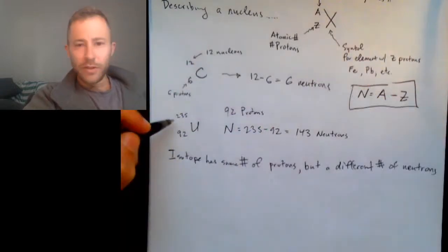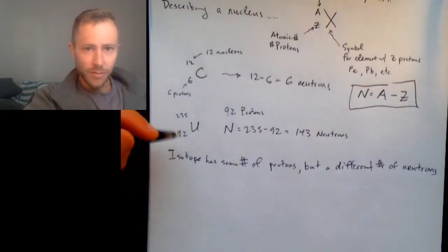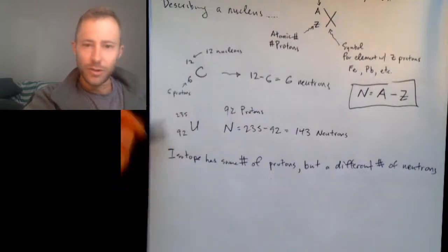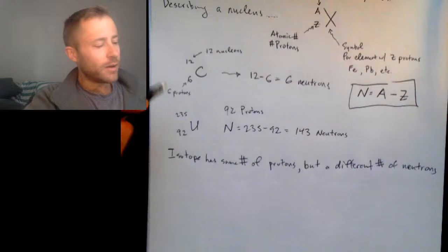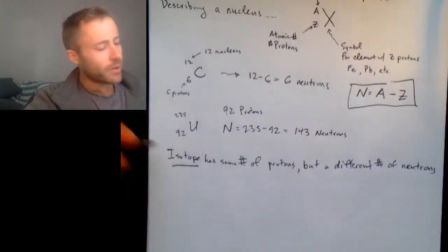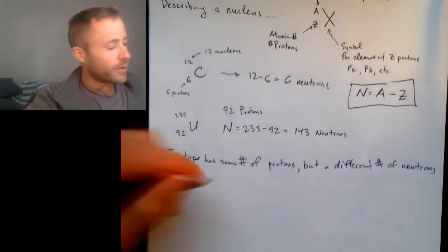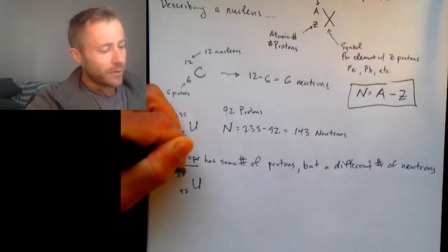Okay, so if you have ever heard about uranium refinement, this is the isotope that is used in atomic bombs and in nuclear reactors and stuff like that. But in nature, you much more often find uranium 238.